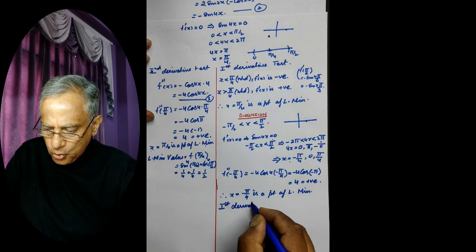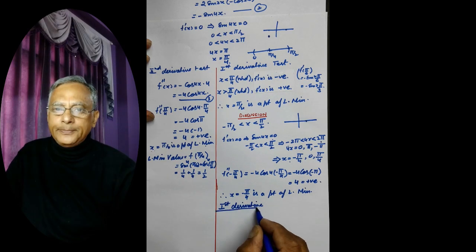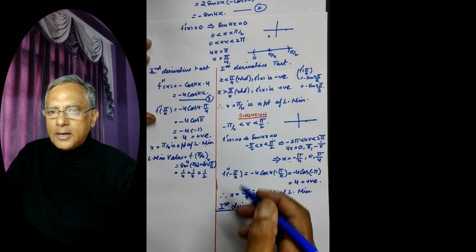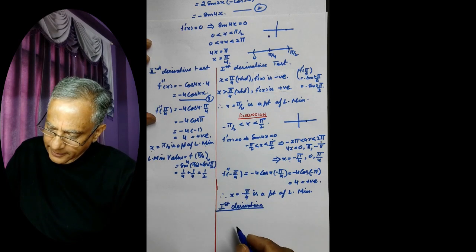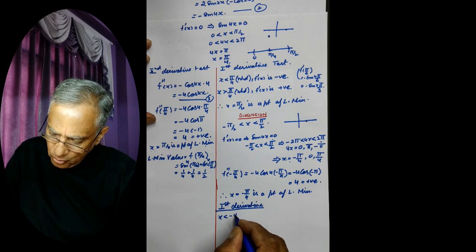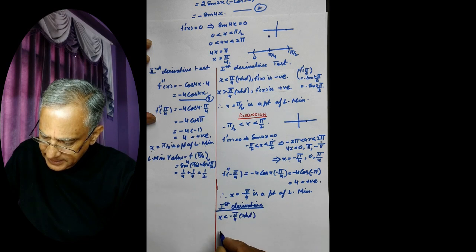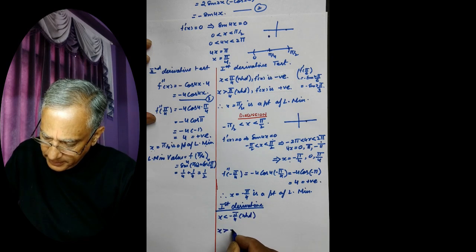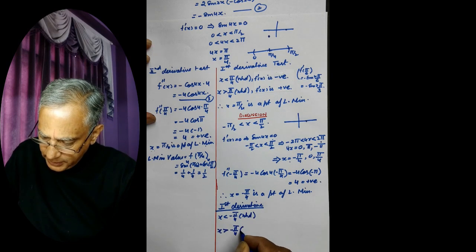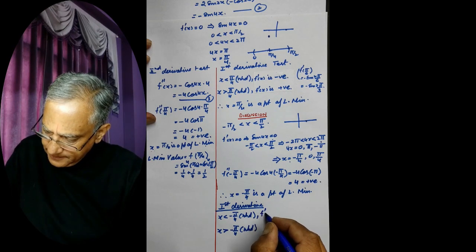And now I will use the first derivative test to draw the same conclusion. You have to use only one. This is only for illustration, so that you can have an understanding of both. So first derivative test: x less than minus pi by 4 neighborhood and x greater than minus pi by 4 neighborhood of these points. The sign of f dash x.